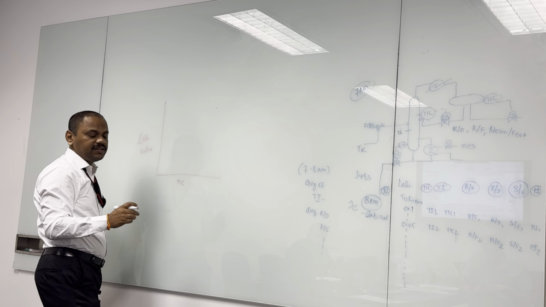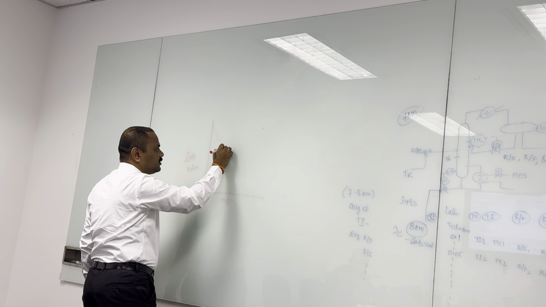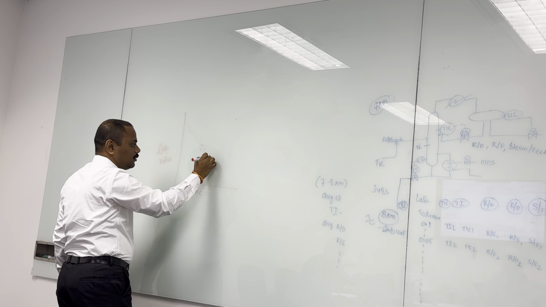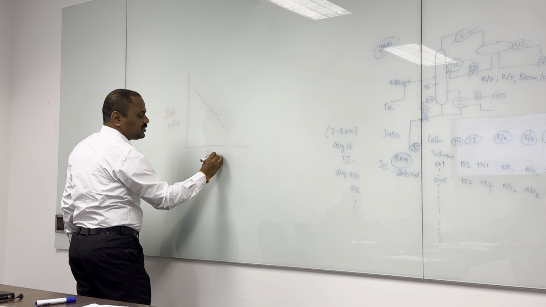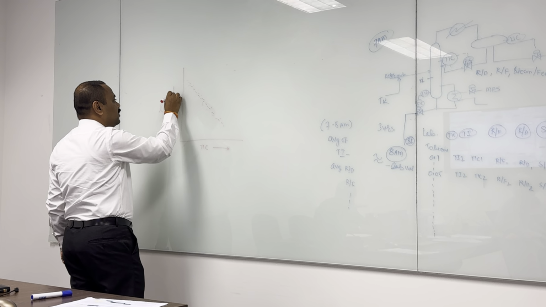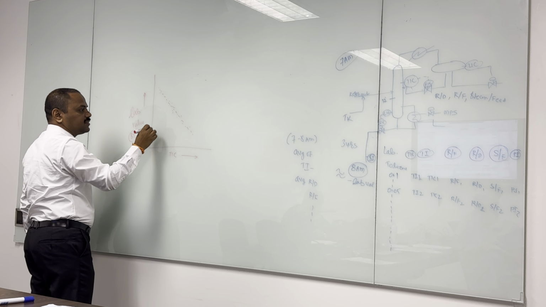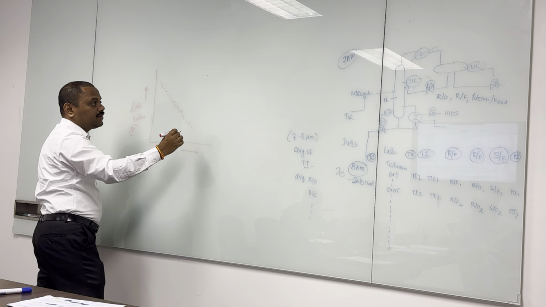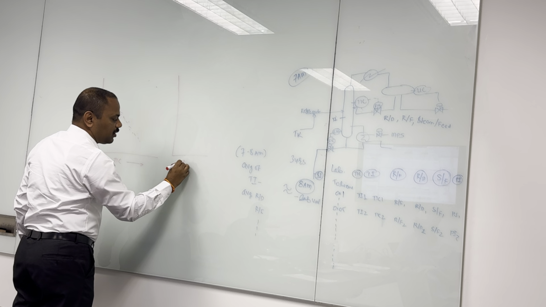If there is a relation and temperature is increasing, it should look something like this. When temperature is increasing, my bottom benzene and toluene would decrease, right? Correct. Similarly, this is the plot for R by F.